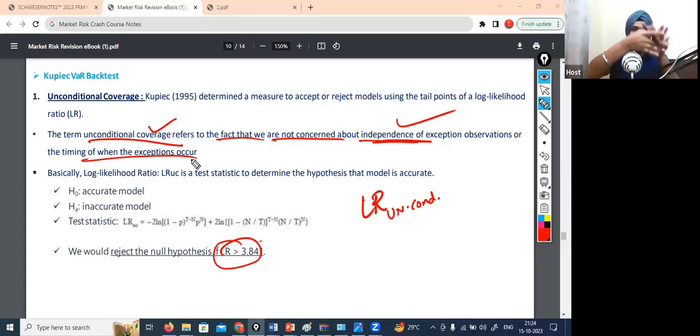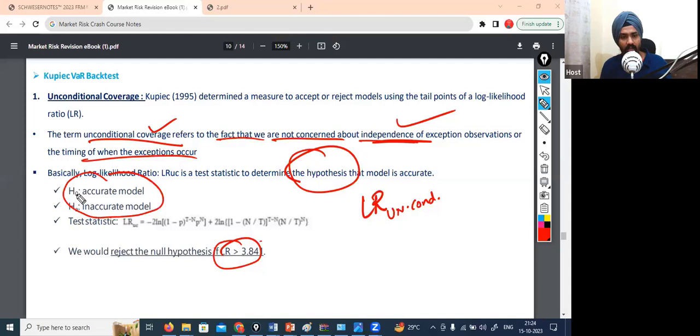Whether it happened just in January and nothing from February to December, or just at the end of December, whether it was clustered or happening every month, we are not concerned about that. We just note down the number of exceptions, run this hypothesis test, and try to determine whether the model is accurate or inaccurate.